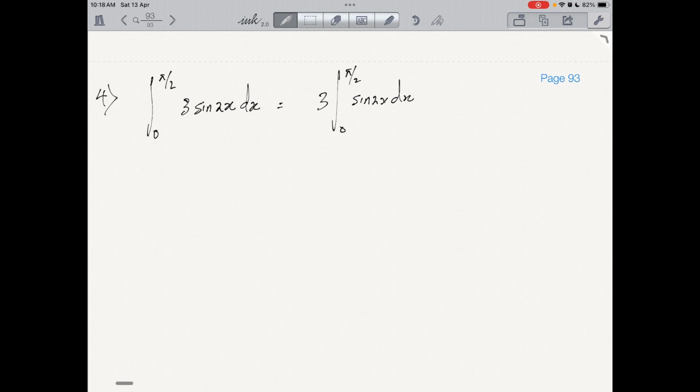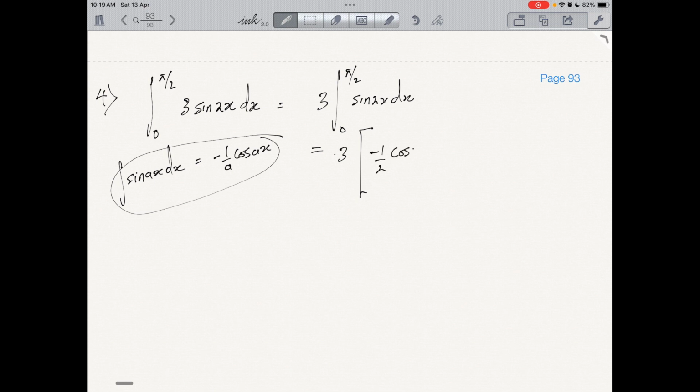Now let's take a quick recap. When we are asked to integrate sine ax with respect to x, we will have minus 1 over a cos ax. Therefore, when we integrate sine 2x and our a is 2 in this case, we'll have minus 1 over 2 cos 2x.